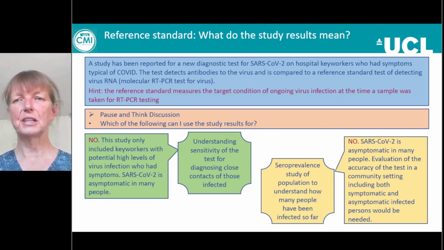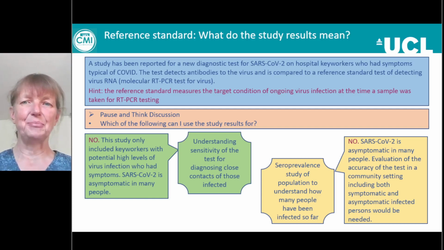Can we use this test to look at the seroprevalence of the population to understand how many people have been infected so far? The answer is no. With SARS-CoV-2, this study actually only had very few people who were asymptomatic in it. And among the people who were asymptomatic, there was an extremely low level of detection, less than 20%.